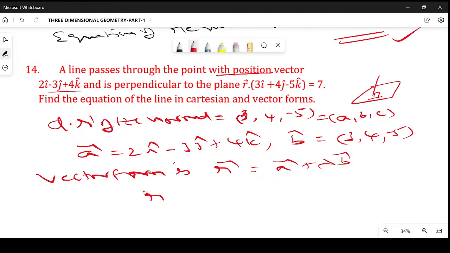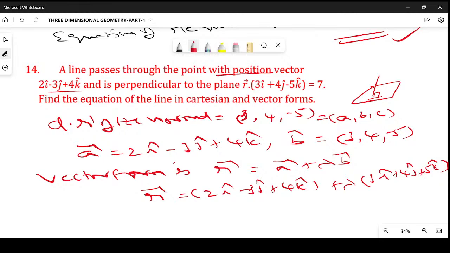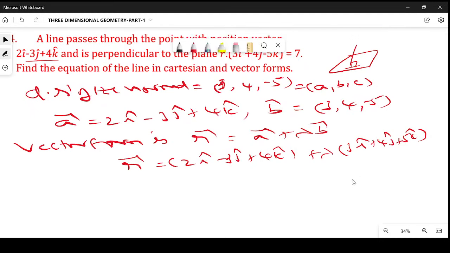So I can write r bar equal to 2i cap minus 3j cap plus 4k cap plus lambda into 3i cap plus 4j cap minus 5k cap. This will be our required answer in vector form.